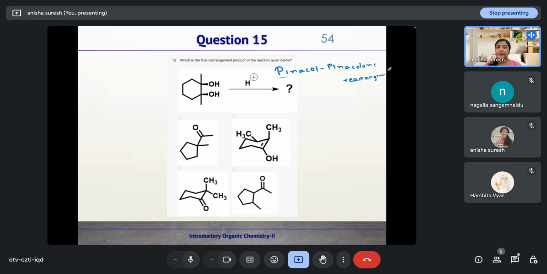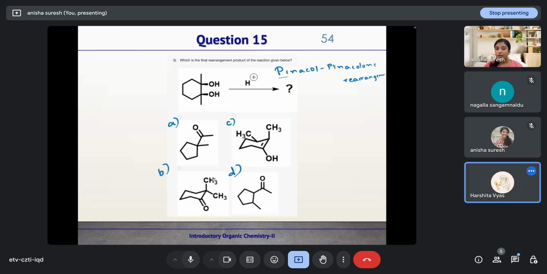So what is the product that will be formed here? A, B, C, D. Try to work out the Option B mechanism. Huh?